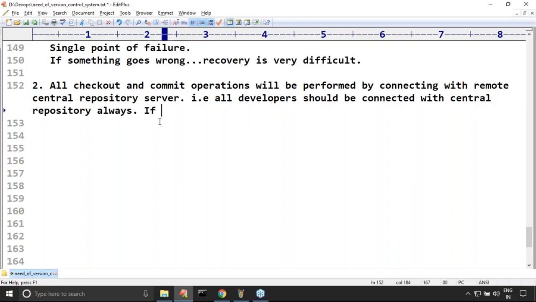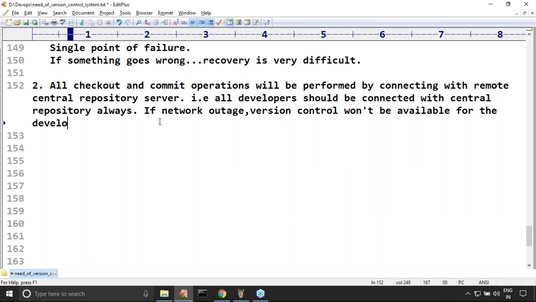By mistake, if there is a network outage, if the network is down, what will happen? Have you observed the problem? Now version control won't be available for the developers.